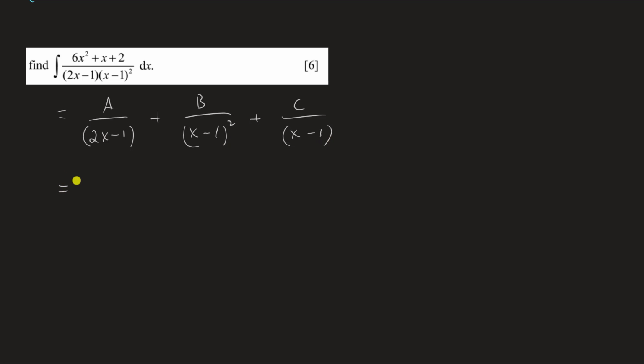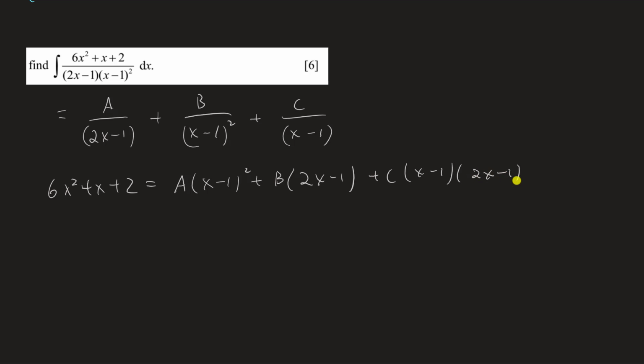Continuing on, this will give us 6x squared plus x plus 2 is equals to a times x minus 1 squared plus b times 2x minus 1 plus c times 1 copy of x minus 1 and 1 copy of 2x minus 1. Let x be 1. This will be gone. This will be gone. So 1b would just be 6 plus 1 plus 2, so b will be 9.